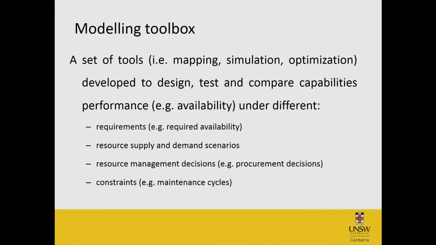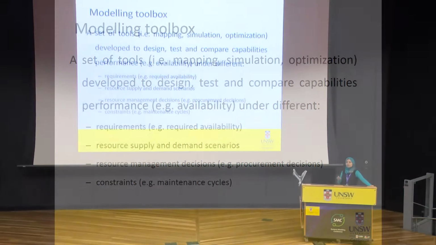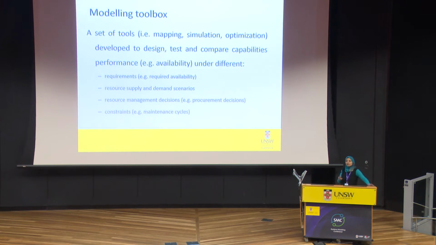This has inspired the development of the modeling toolbox. And when I say the modeling toolbox, it actually includes an array of modeling techniques, mapping techniques, simulation, optimization. The purpose of this is to give the user the power to design different capability systems, run them over time, see how they behave, and compare different designs.